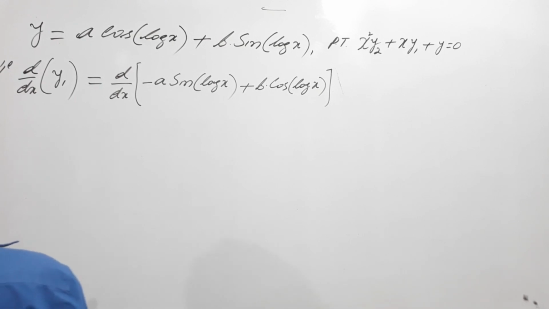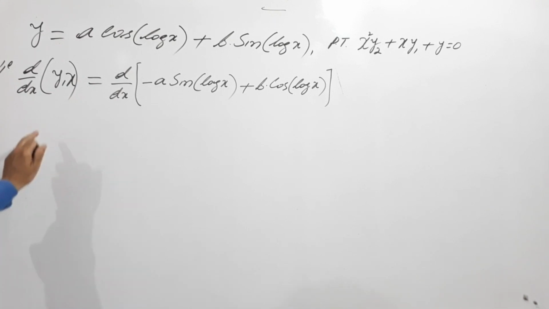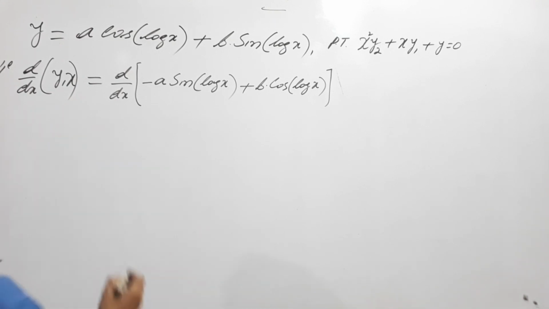So when x was there, x into y1. What happens here? We have to use product rule. Let's use product rule.